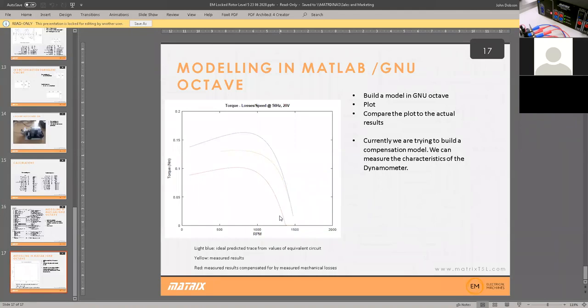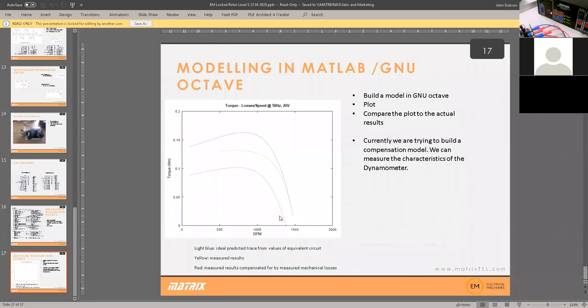There are a couple of different techniques used to model the losses, but basically you can run the dynamometer and run a DC motor separately and then try and compare the difference in terms of the current and speed taken, and then you can make some allowance for it. So clearly we've got some work to do there.